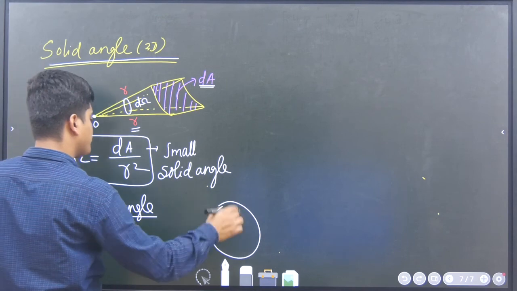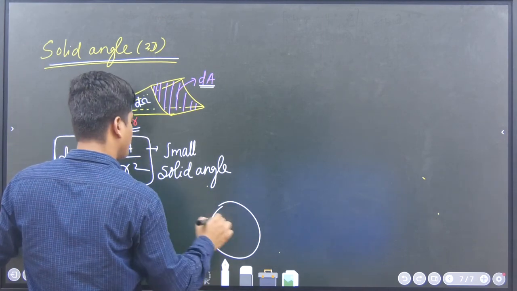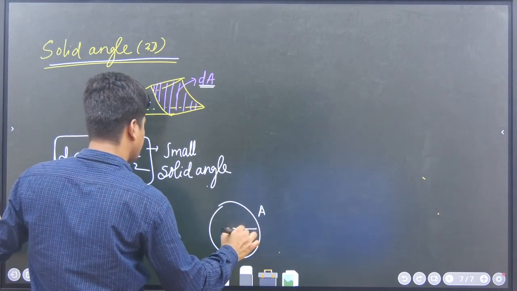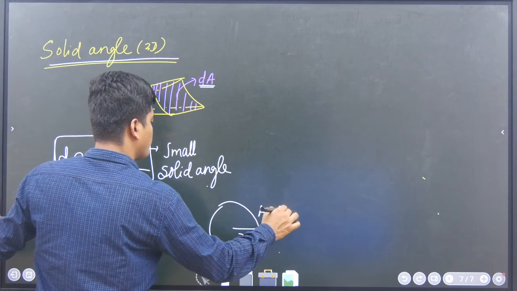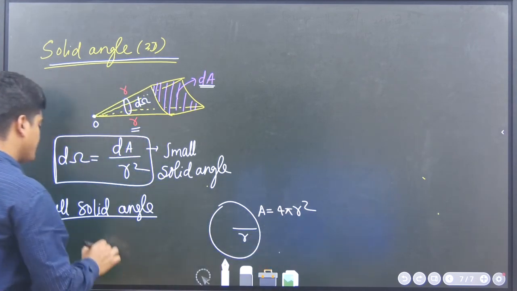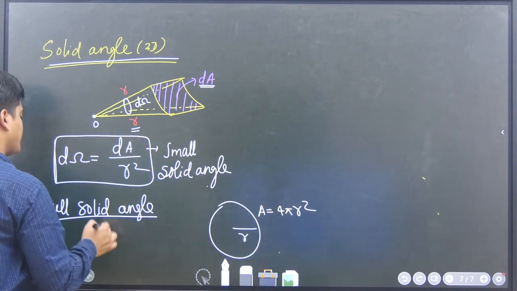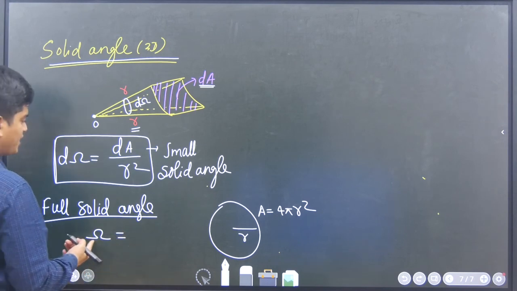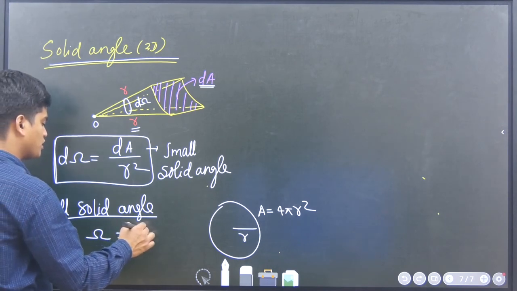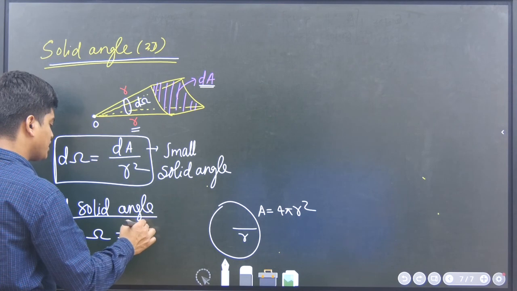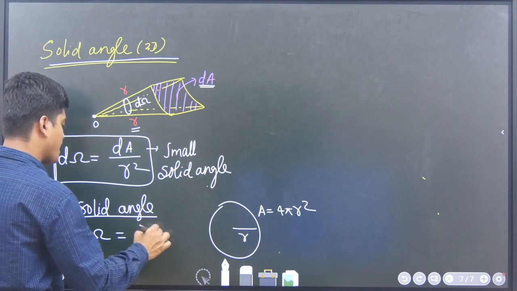Now the surface area, if you check, dA will become A. If the radius is r, then it will become 4 pi r square. So the full solid angle is capital omega, that is nothing but dA will become A, which is basically 4 pi r square.